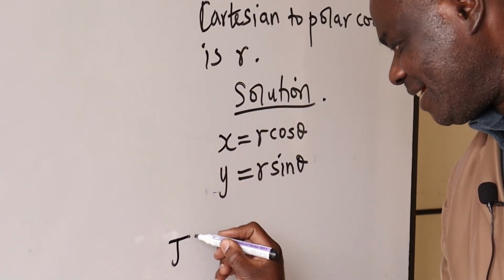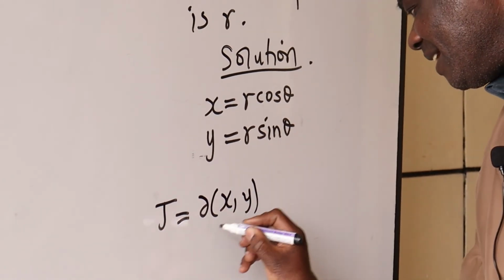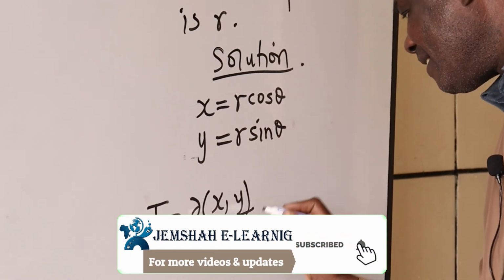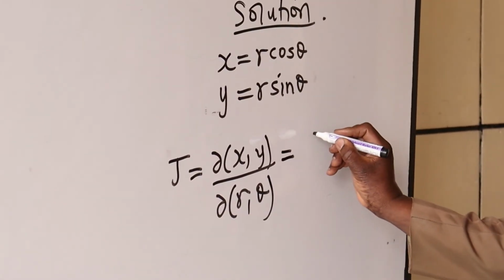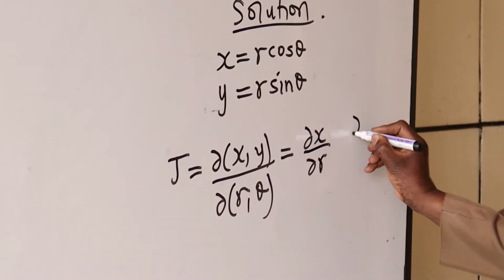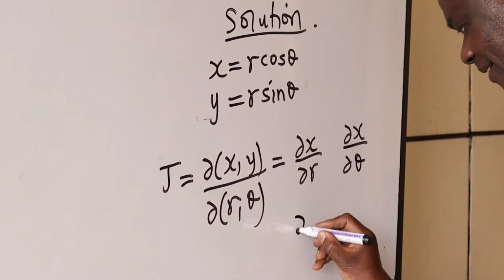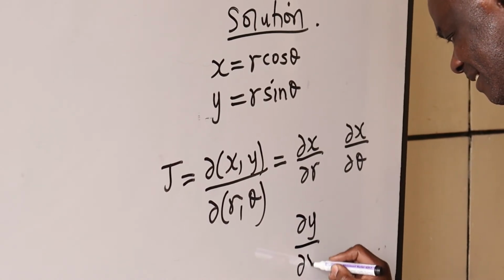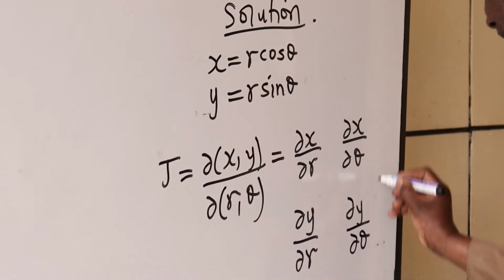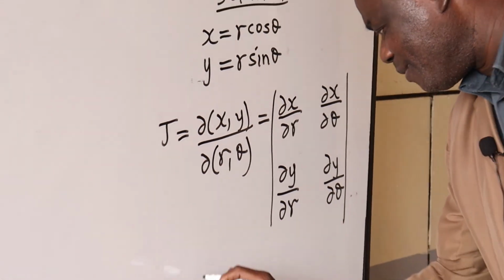So J will be equal to d(x,y) over d(r,theta), which will be equal to the matrix dx dr, dx d theta, dy dr, and dy d theta. Then we go for the determinant of that particular matrix.